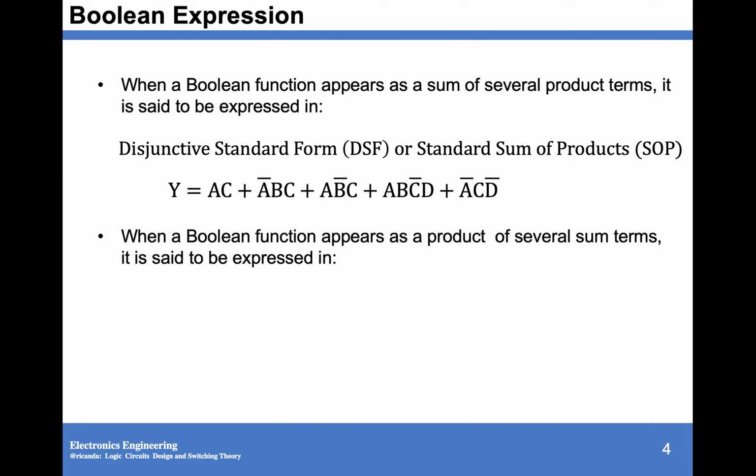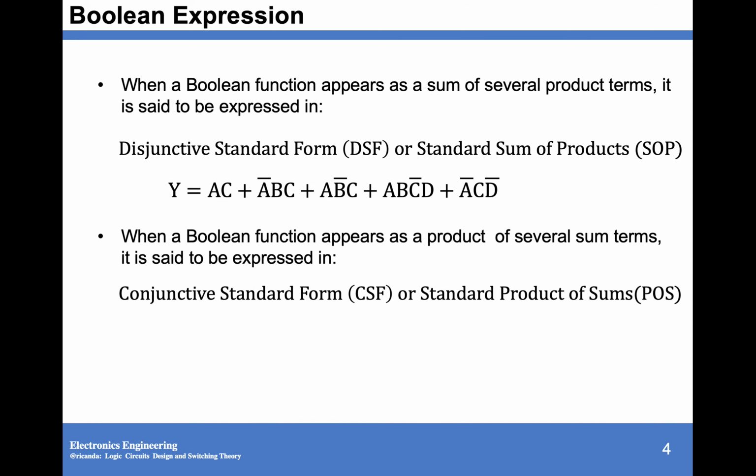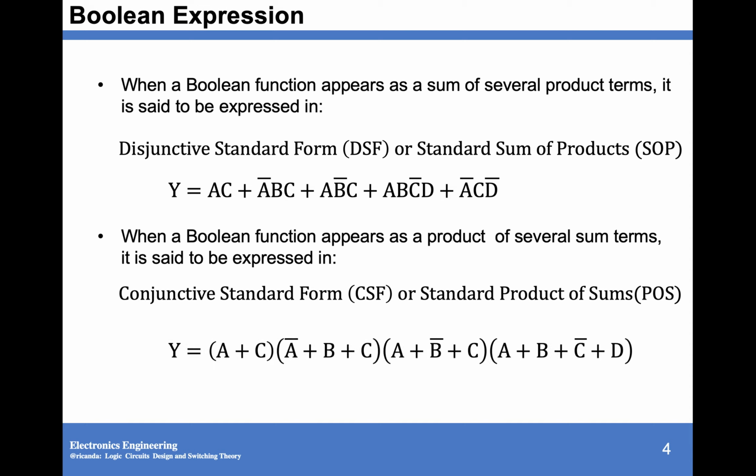When a Boolean function appears as a product of several sum terms, it is said to be expressed in conjunctive standard form, or standard product of sums, or POS. So this is our sample of our POS. It is a sum, then we have another sum, and another sum, and they are joined together by your operation AND.